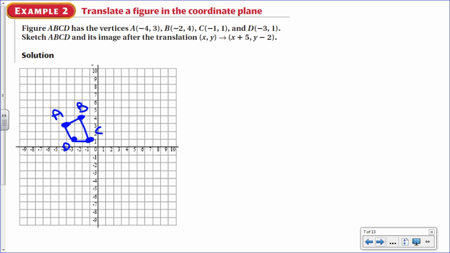All right, so I got the original in blue, and we want to translate it with x plus 5, y minus 2. So every single corner, to the x coordinate, you're going to add 5. The y coordinate, you're going to subtract 2. Or you can just count by using your pencil. If you go forward 5, down 2.